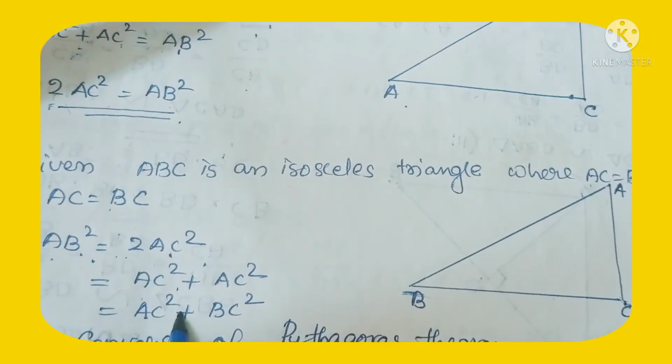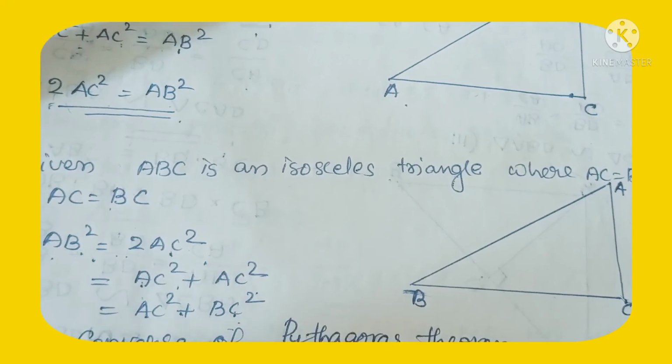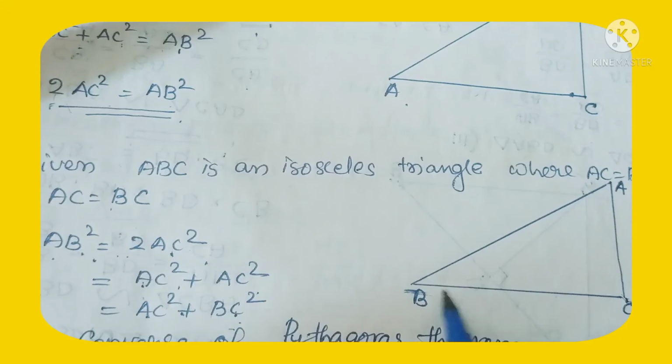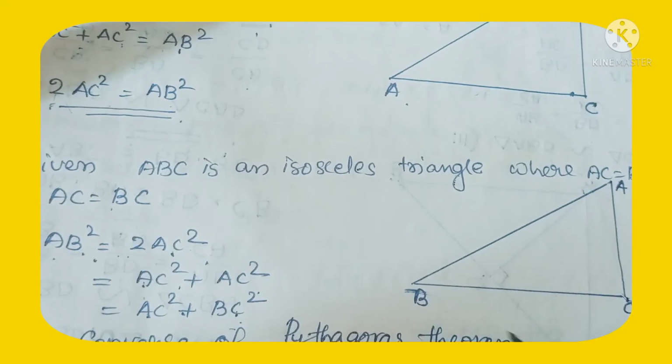So 2AC square equal to AC square plus AC square, that is AC square plus BC square. Since by the converse of Pythagoras theorem, if the sum of the squares of two sides is equal to the square of the third side, then the triangle is a right triangle. Hence we can say that ABC is a right triangle.